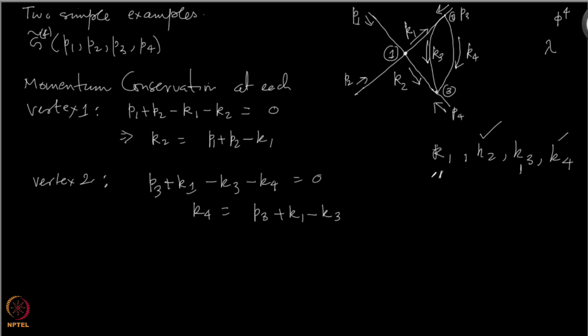So, you see you have two momenta k1 and k3 which are undetermined, which are not fixed by momentum conservation. Okay. So, good. There is nothing that you can do about this. So, they will be there in the problem.